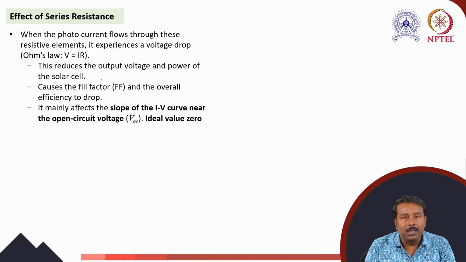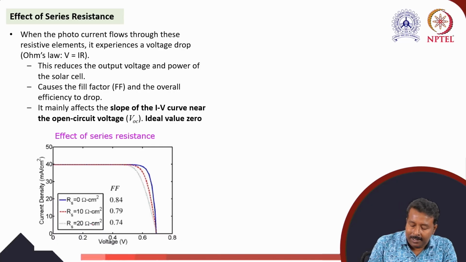And ultimately we will show you it causes the effect on fill factor, that is, fill factor is reduced and efficiency also drops. And it mainly affects the slope of the IV curve near the open circuit voltage. Say this is the IV or here JV curve, the similar thing, J is the current density and I is current.